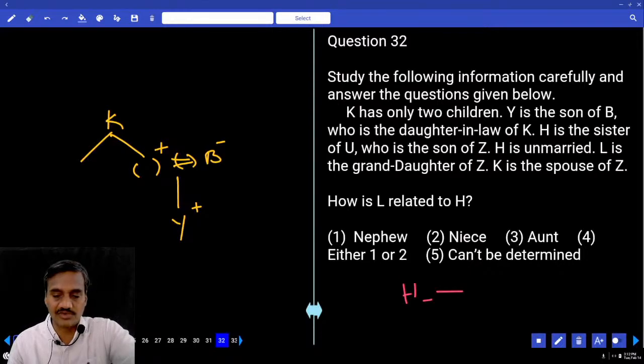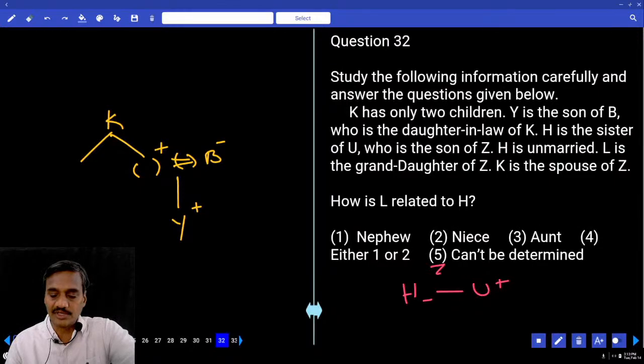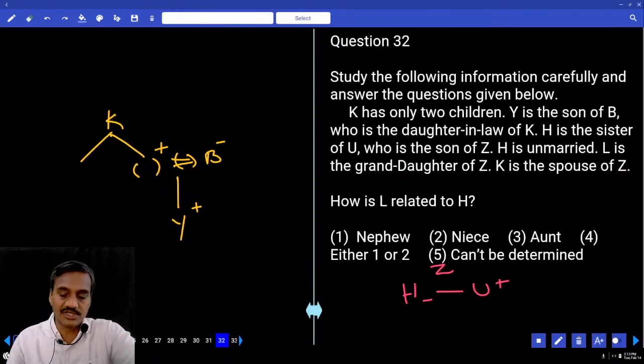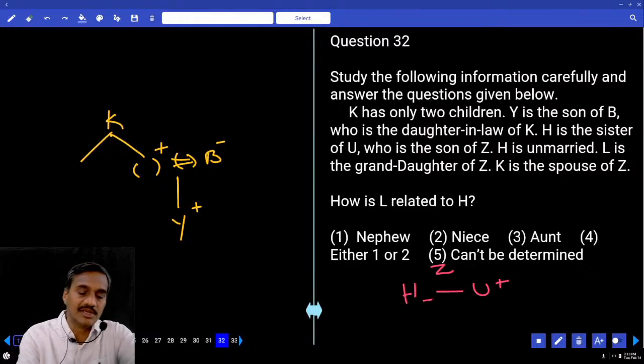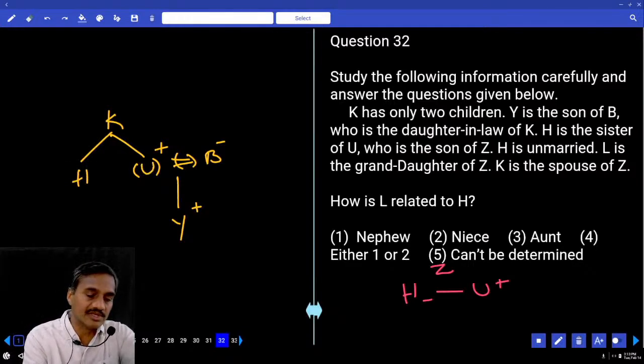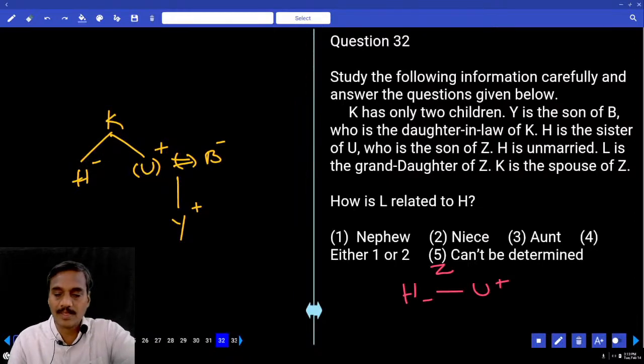H is the sister of U, and U is the son of Z. That means both H and U are the children of Z, and H is unmarried. Now this is U, and this is H, and H is the sister of U, isn't it?